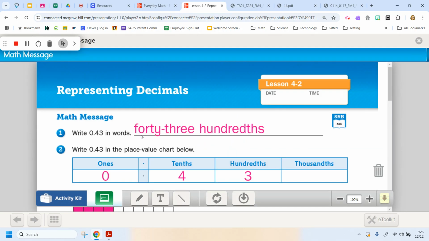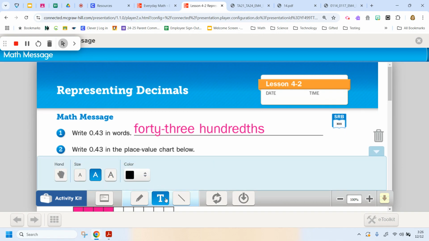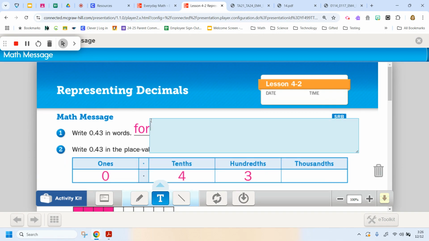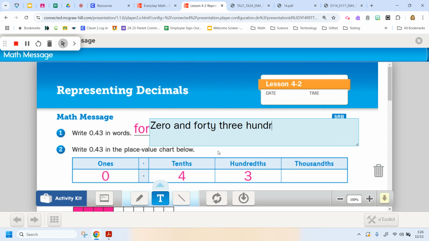So if you're writing it in word form, they have 43/100. Recall that we talked about yesterday, you can also write it as 0 and 43/100ths.